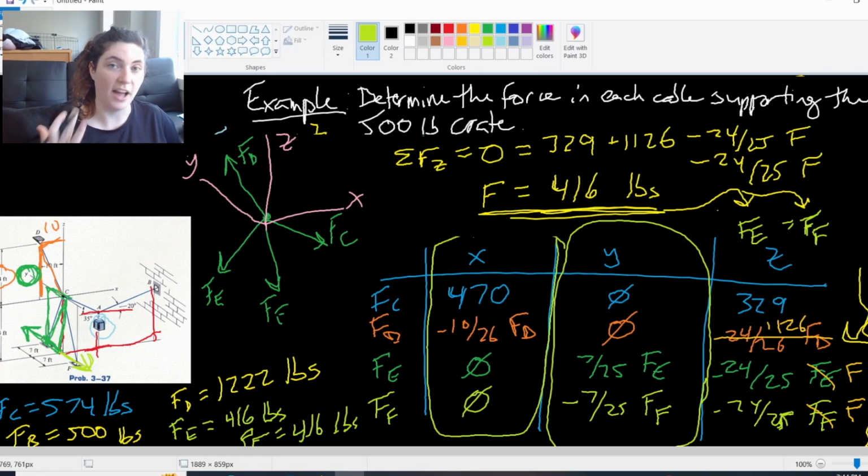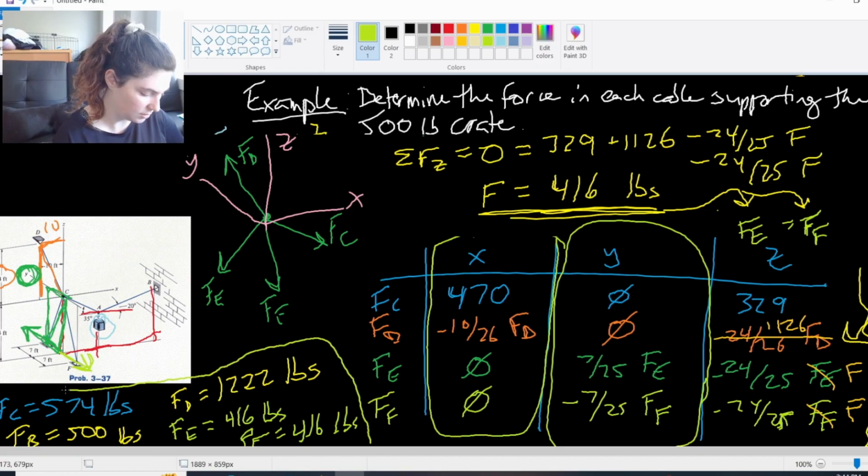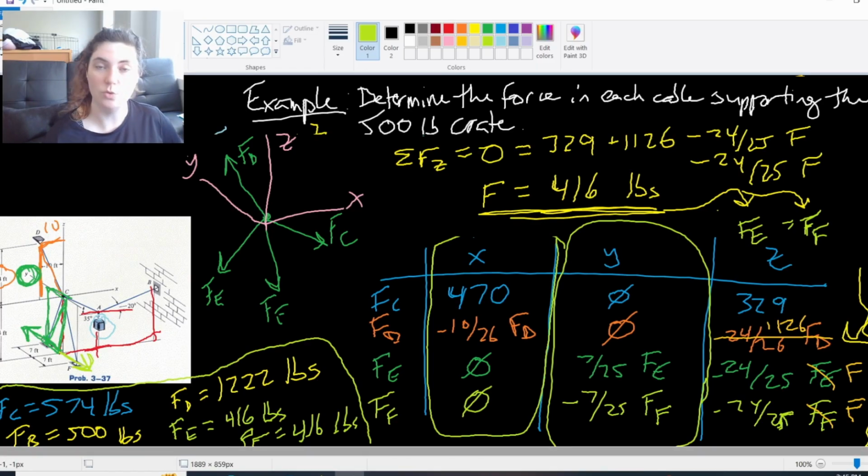So that's all 5 of the cables that we had discussed, right? Cable from A to B, cable from A to C, cable from C to D, cable from C to E, cable from C to F. Those 5 cables now all have forces. And you could write it like this. You could leave them as these force listings here. You could also go ahead and say AB, AC equals all of these things.